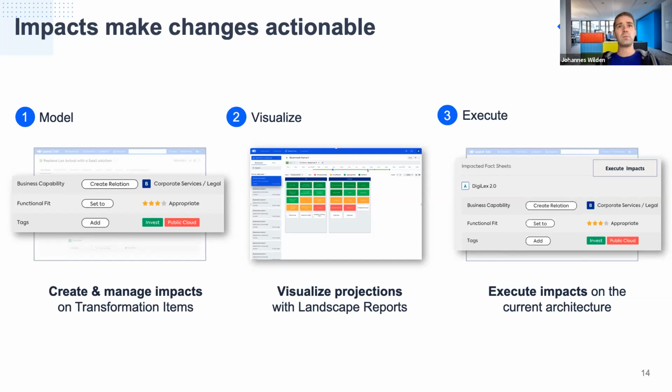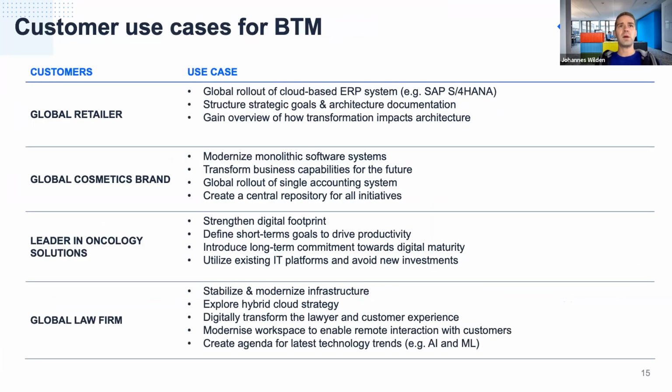When looking at BTM and the use cases behind BTM, we actually found quite a huge variety of use cases that we found in organizations that use LeanIX. We, for example, found in global retailers the rollout of SAP S/4HANA.